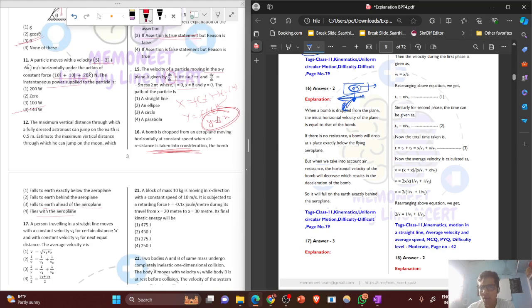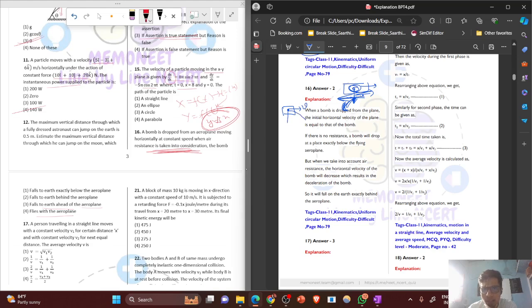And also, when the ball is dropped, it has some velocity if the aeroplane is moving in this direction. Let's suppose the aeroplane is moving in this direction and you drop the ball.